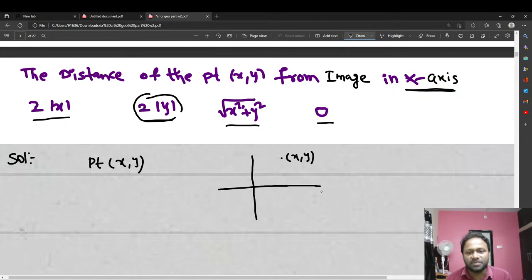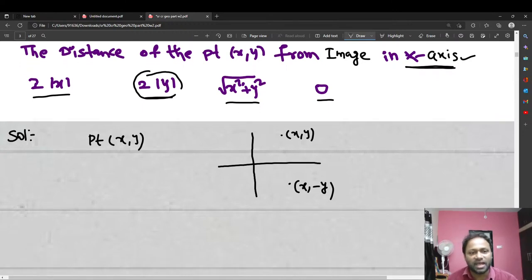This is ordered pair x comma y. In x-axis, the image will be like this: ordered pair x comma minus y. Okay, image of the point in x-axis will be ordered pair x comma minus y.